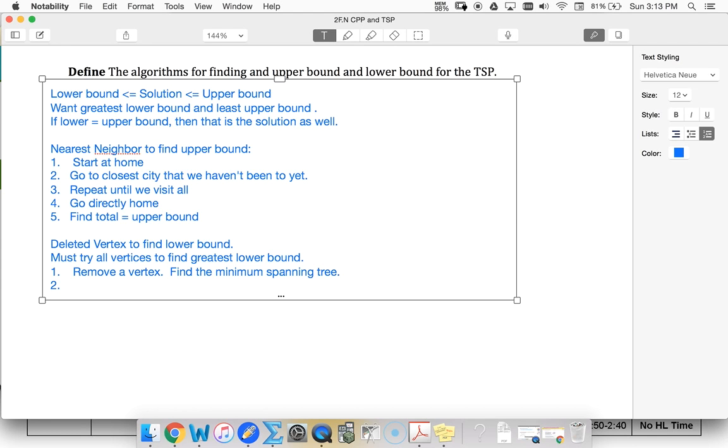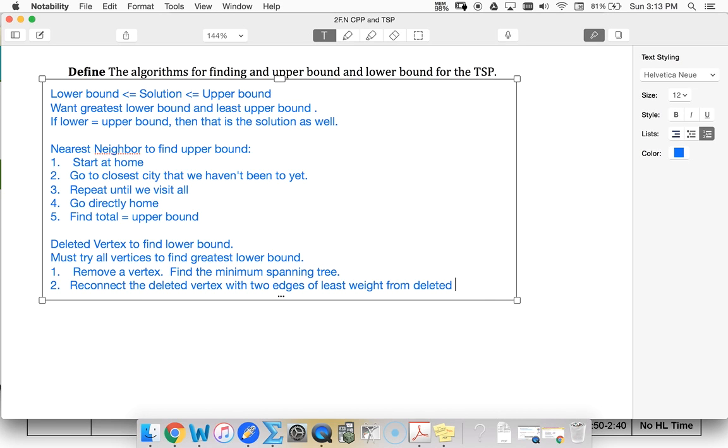After we've found the minimum spanning tree, we have to reconnect the deleted vertex with two edges of least weight that run from the deleted vertex back to any other vertex on the graph.